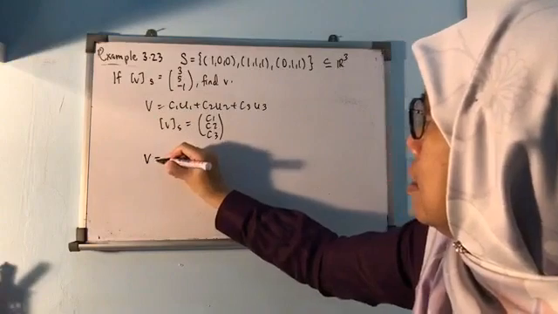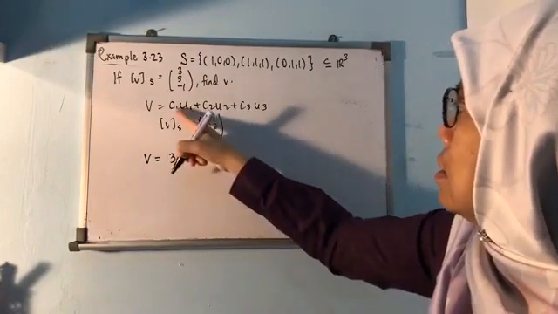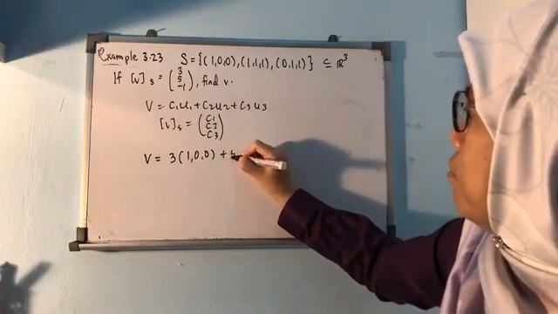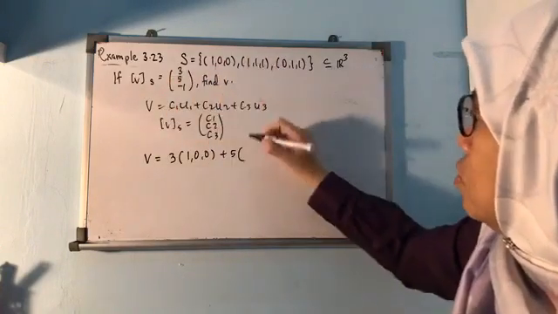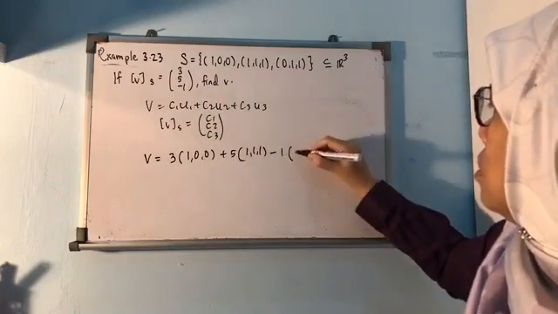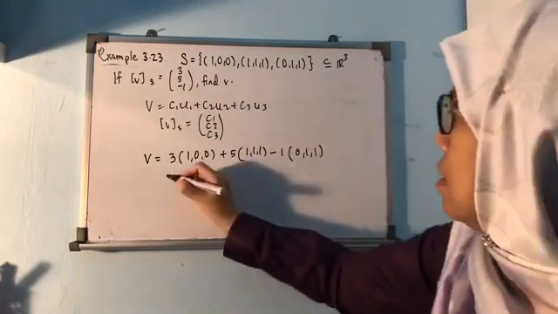So you can just find V. So V is 3 U1 plus 5 U2 minus 1 U3. Okay.